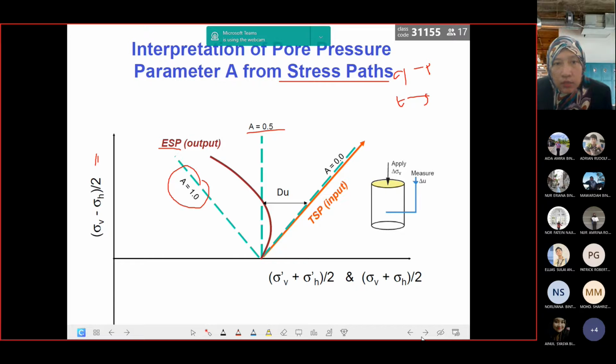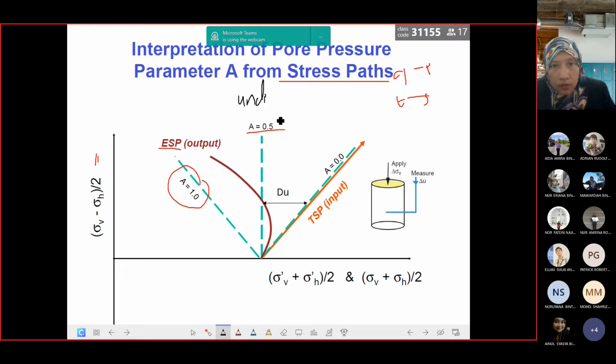Okay, yang this is the problem showing to you conditions of the changes in parameter A, in the pore water pressure. So as I said here, the initially kalau kita tengok first one je kita akan dapat total stress pass as an input. Dalam case ni the parameter is 0. After the shearing, bila consolidation tu dah reach to 100%, the parameter A is equal to 1. So yang ni berlaku bila you ada conditions undrained.